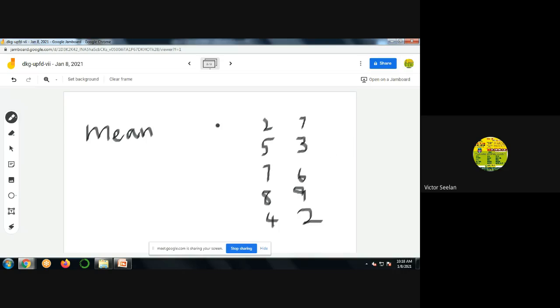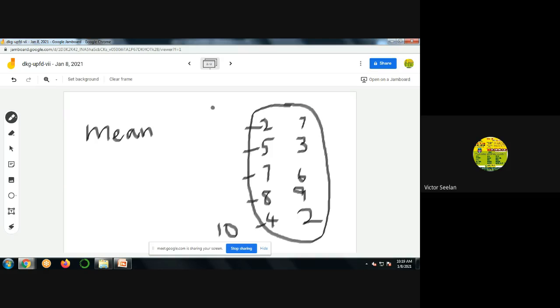This is the age of some particular students. The first number represents the first student's age, the second the second student's age, and so on. So totally we are taking the age of 10 students.